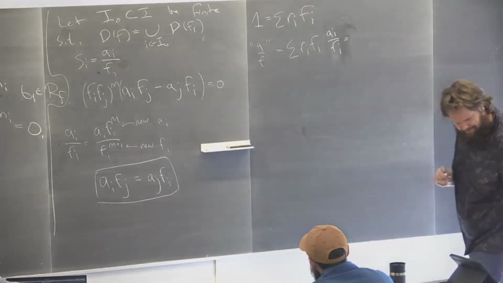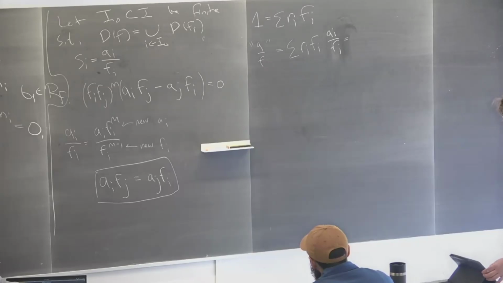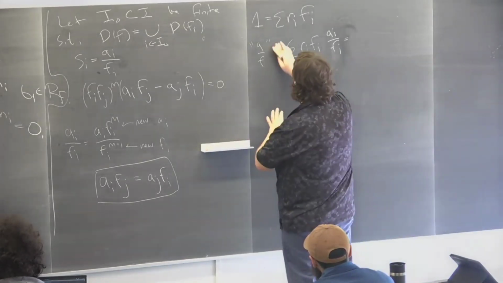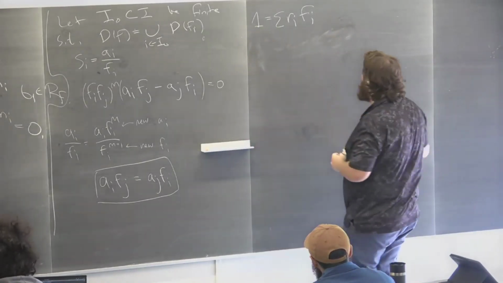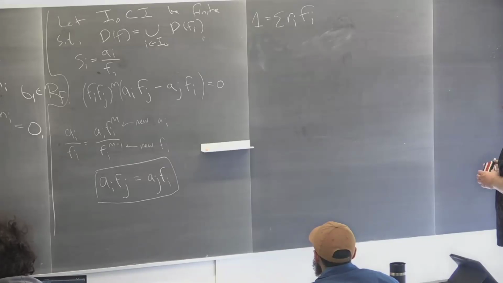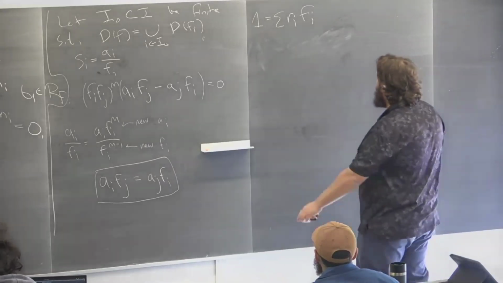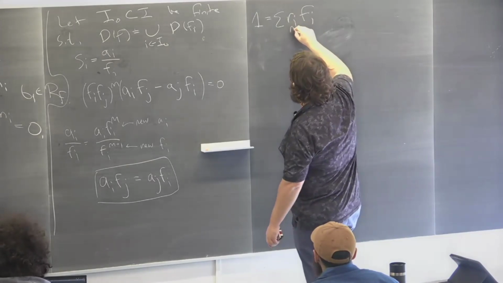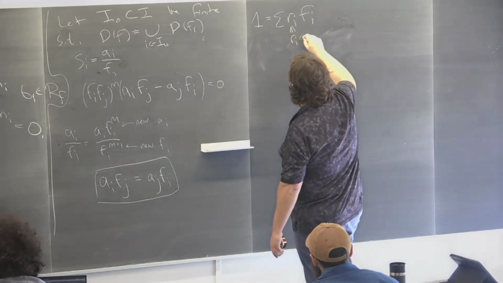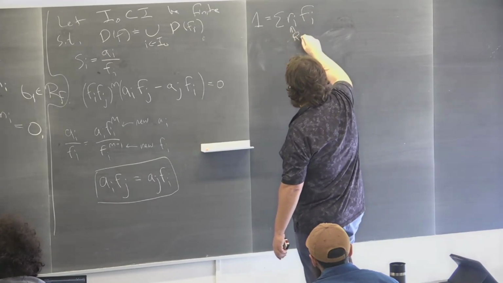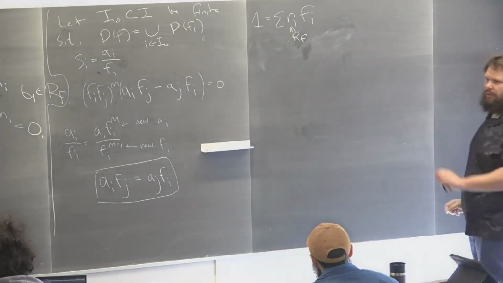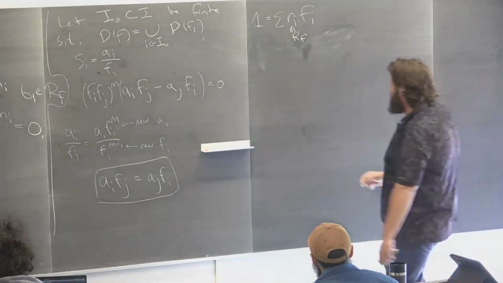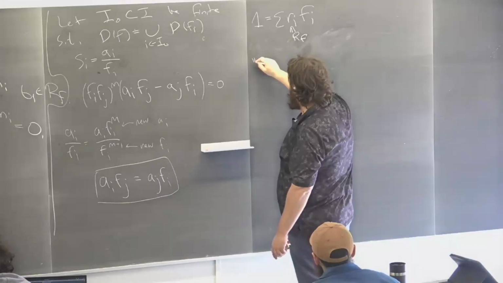Sorry, the thing that threw me off here is the Ri's, these are in R localized at F. So that's where the localization over F might come. Okay, good. I erased my stuff too soon.